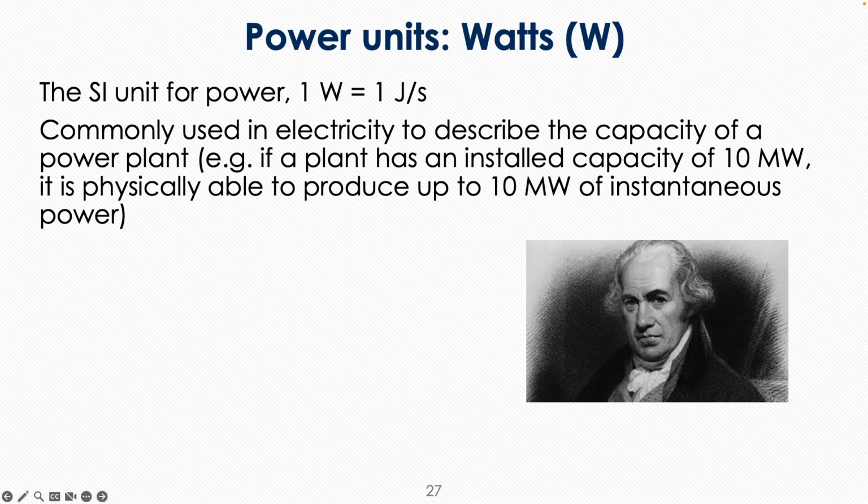It's commonly used in electricity to describe capacities of power plants. If a plant has an installed capacity of 10 megawatts, that's not speaking to the amount of energy it's producing directly. It is the capability of that power plant to physically produce something like 10 megawatts of instantaneous power.